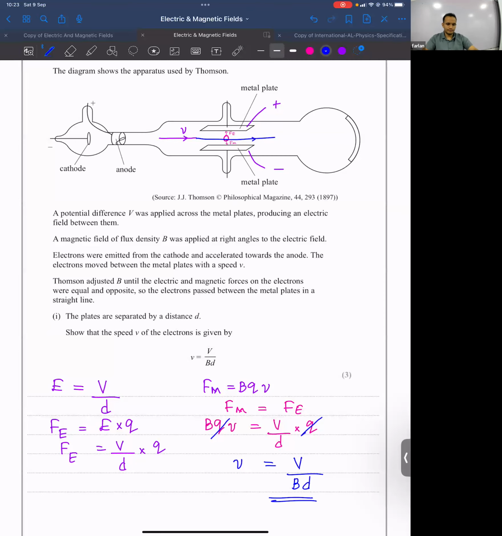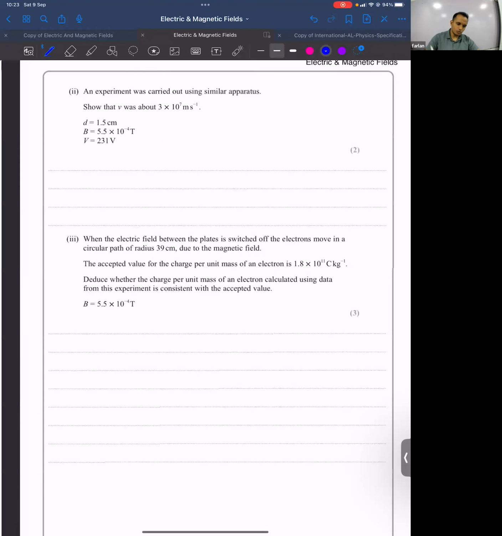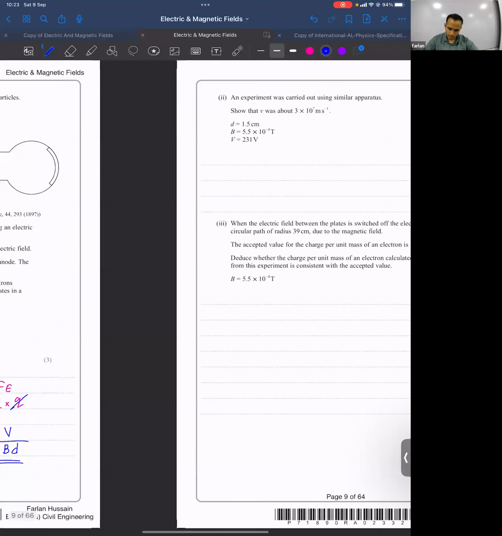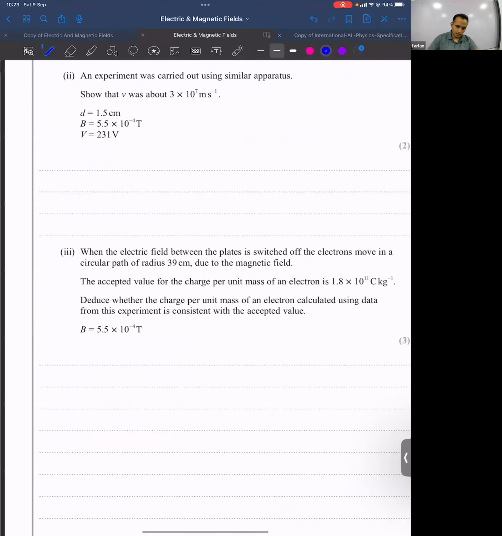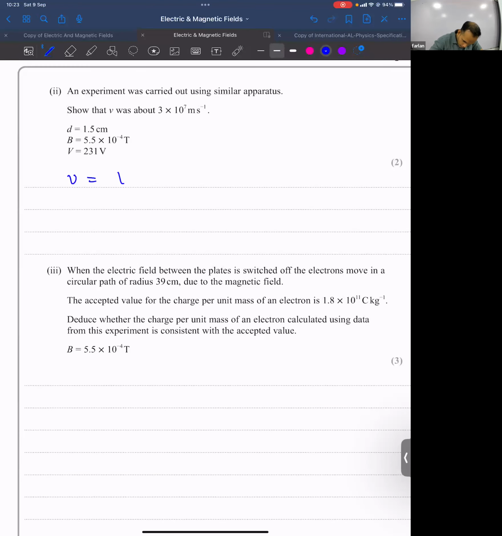Then the next part. An experiment was carried out using similar apparatus. Show that v was about 3 into 10 to the power 7 meters per second. It's a piece of cake. You just have to substitute. v equals V over BD. V is 231. B is 5.5 into 10 to the power minus 4.